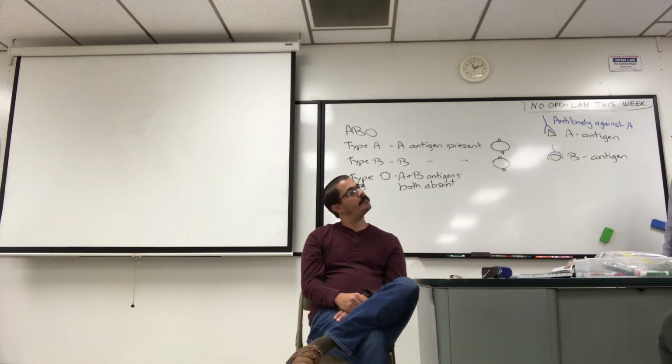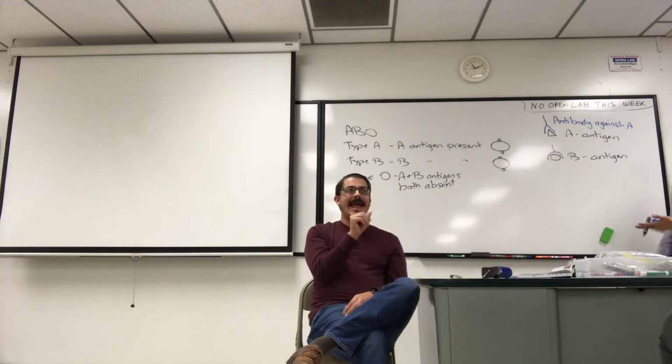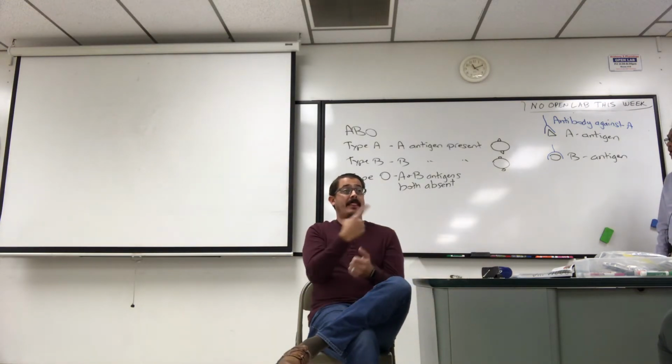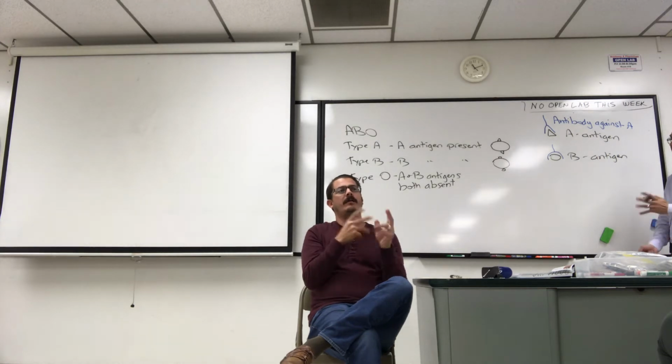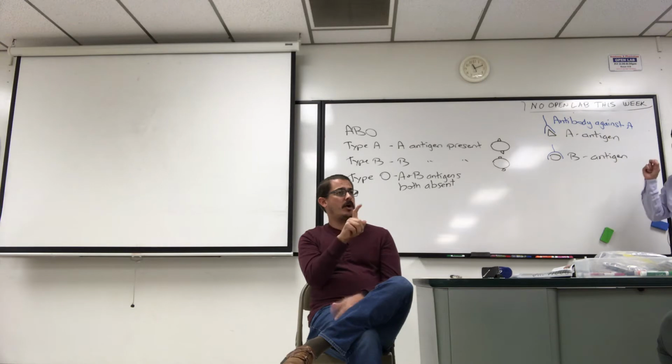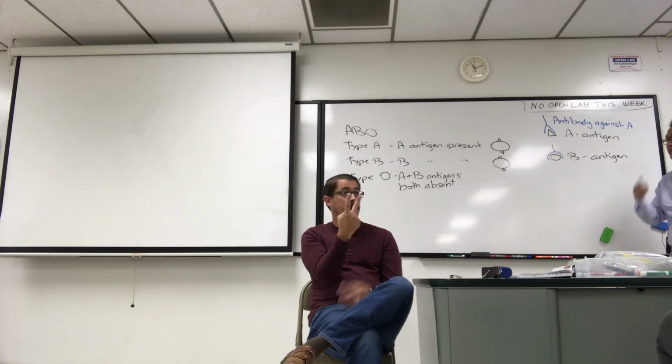So type O is not an antigen. There's no antibody against it. It's just not there. That's what it means. ABO, that's it. Okay. Now we combine this with another type, but let's just take an inventory. How many antigens do you have to keep track of so far? Just 2, A and B.